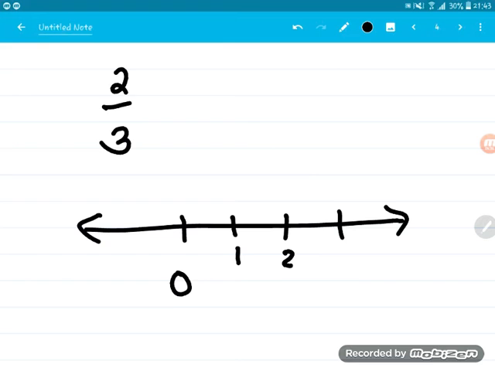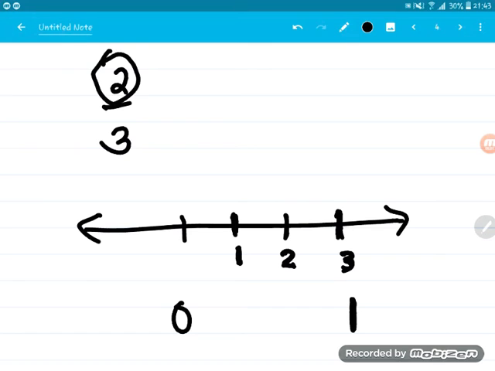Okay, so we can write the number 3 here. And we will write the 1, which is the whole number a while ago, here. So the first mark tells us the first part, the second mark the second part, and the third mark the third part. But we are looking for the second part.